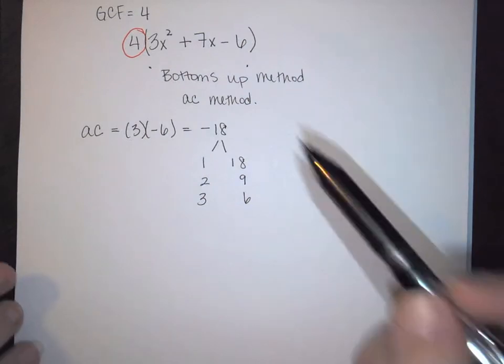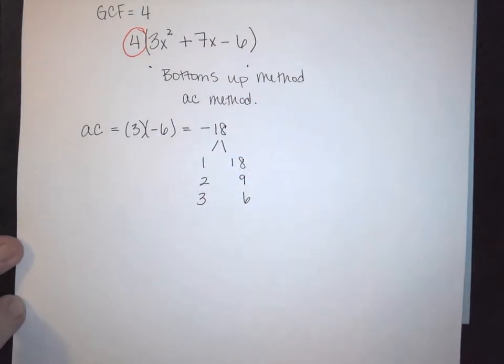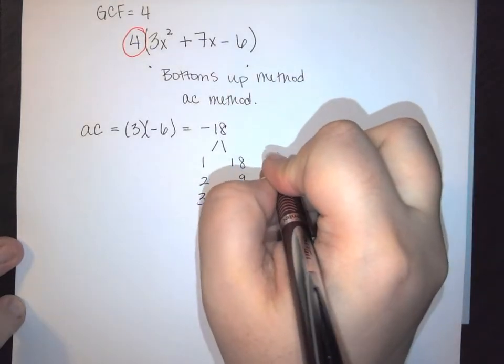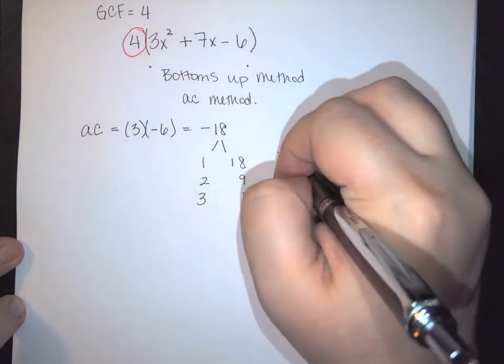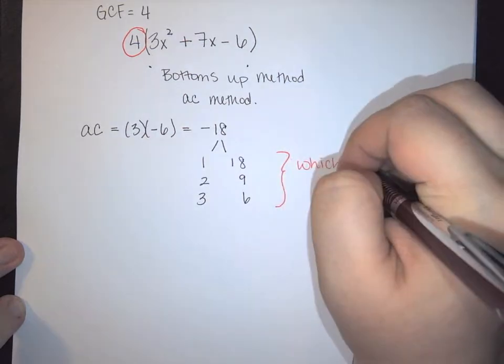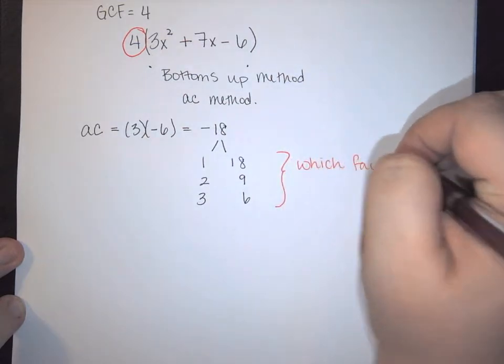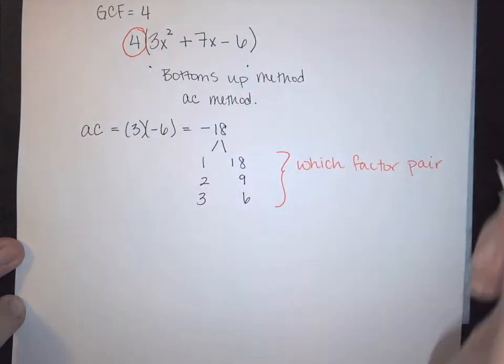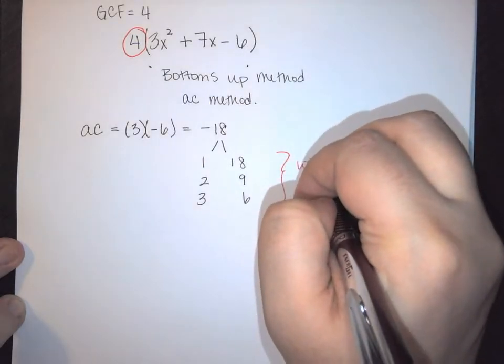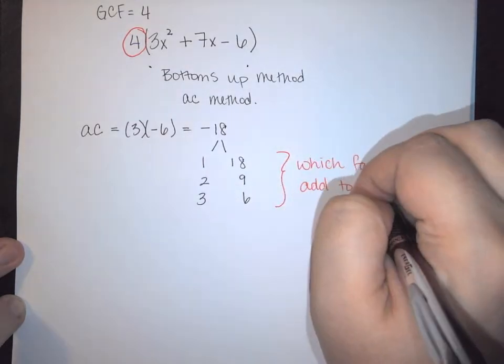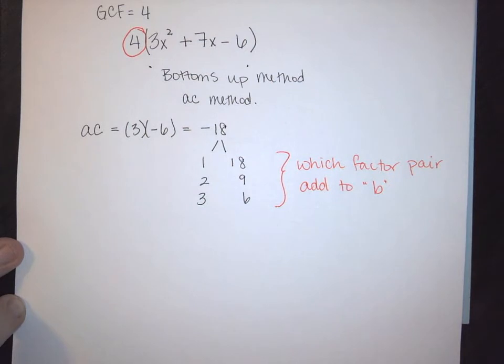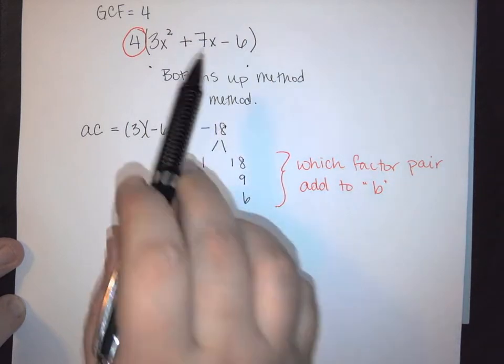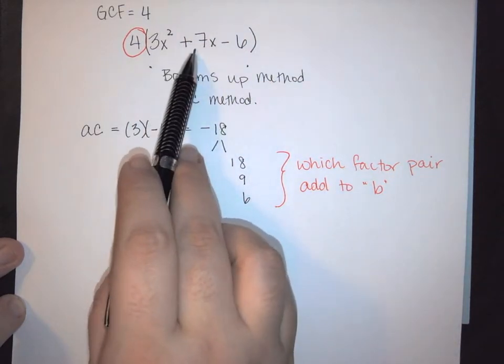Okay. Now, of these factors, what we want to know is which factor pair adds to the B term. So here we want to add to a positive 7.